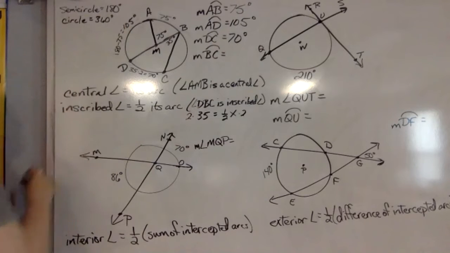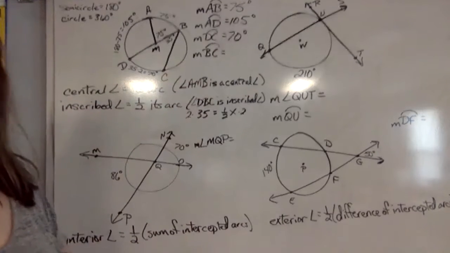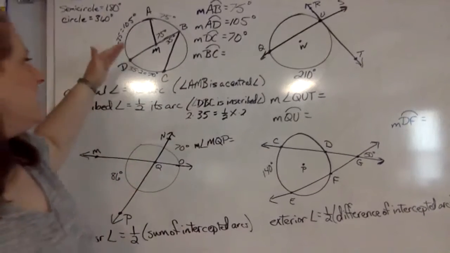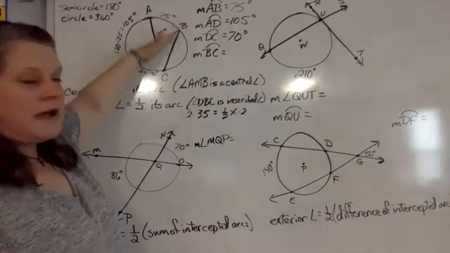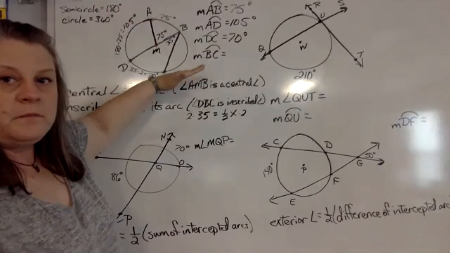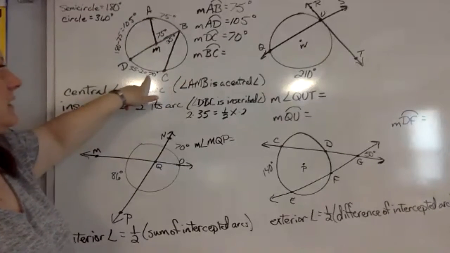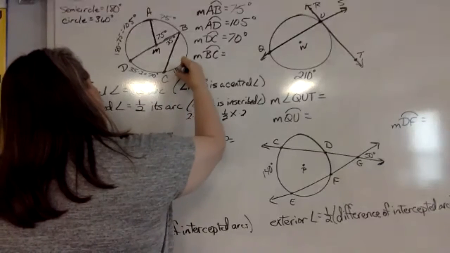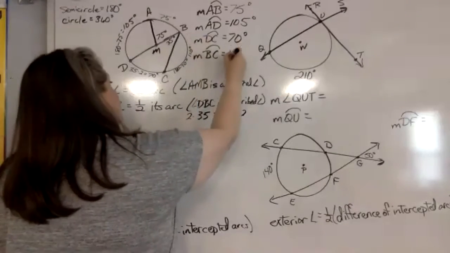All right. Now, if I want BC, we have to use what we know. You can do it two different ways. If this half is 180, I know this bottom also has to equal what? 180. So for that one, I would take 180 minus 70. So 180 minus 70 equals 110.